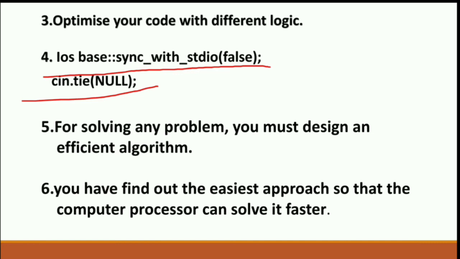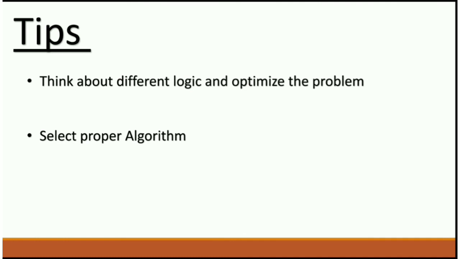It's also the same as the fifth trick. My tip is to first find the brute force solution of the problem, and after that optimize it, applying some tricks and other data structures and methods to reduce your time, and select the proper algorithm for it. It's very important.